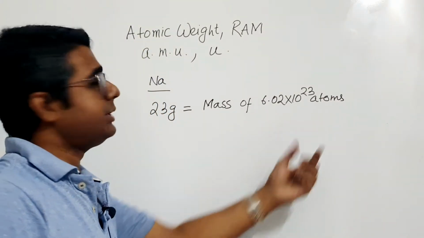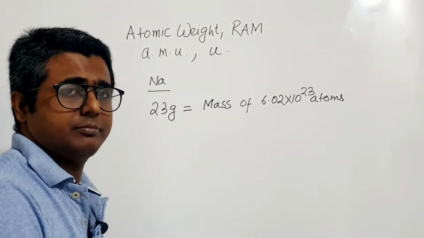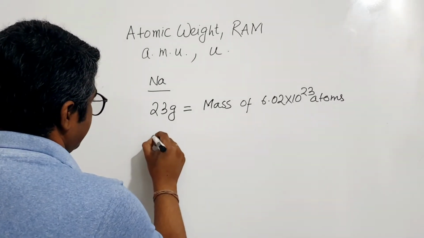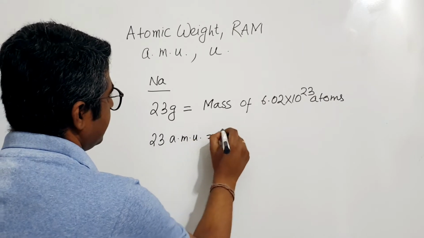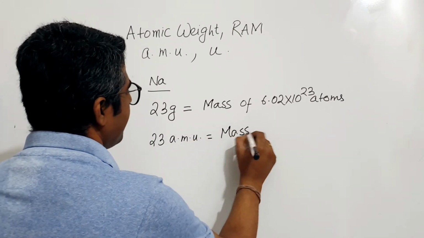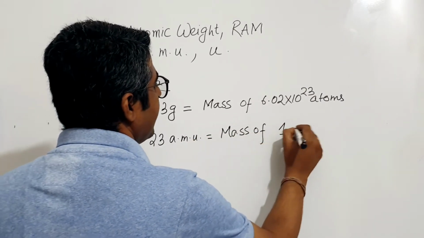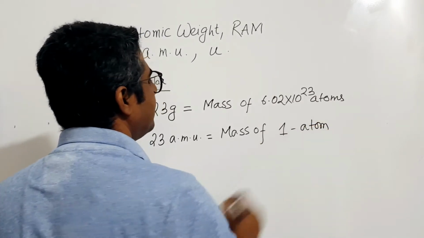This number of atoms has a mass of 23 gram. 23 AMU is the mass of one atom. Okay, clear?